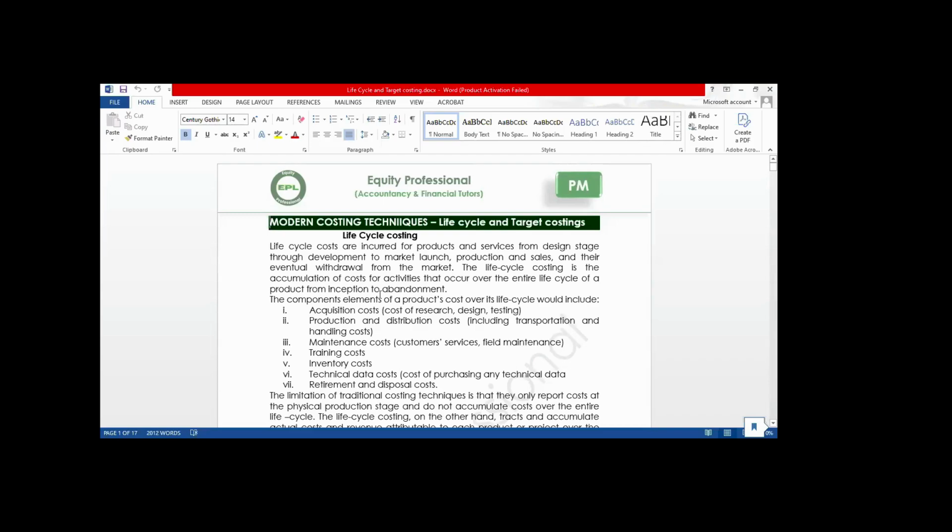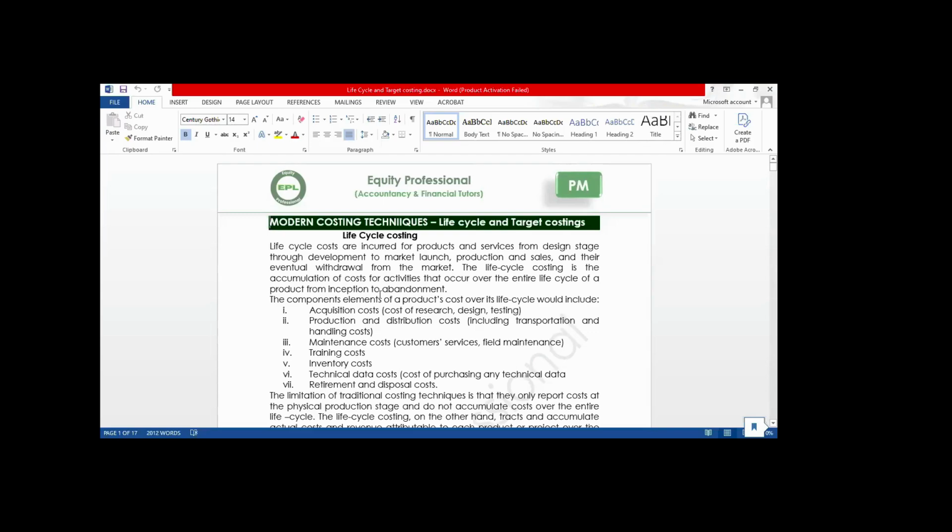Our next discussion is, what are modern costing systems? Tonight we are going to discuss two. You have up to like 5 or 6. Number 1 is life cycle costing.